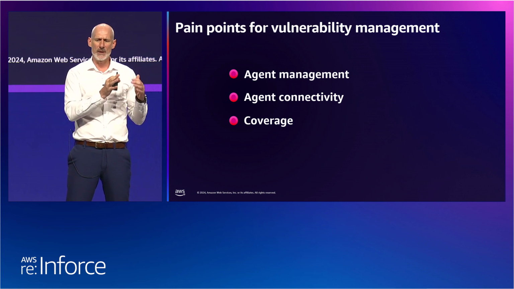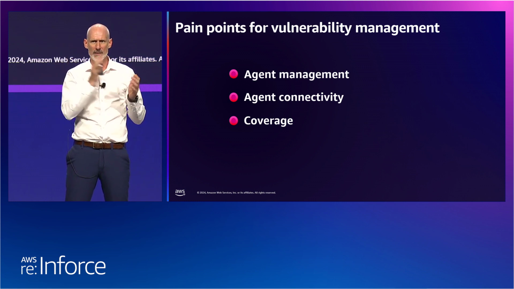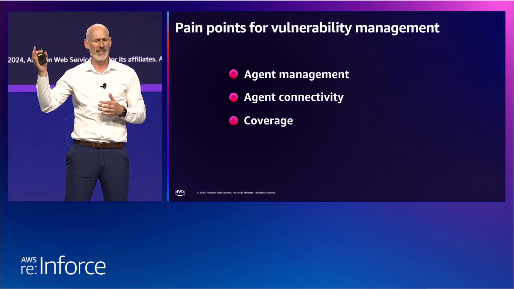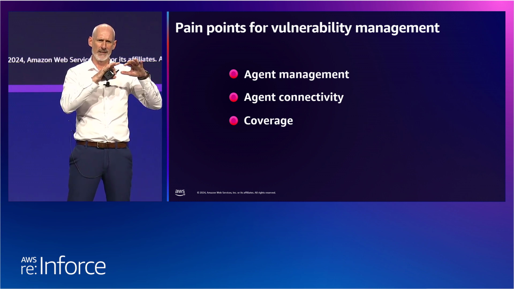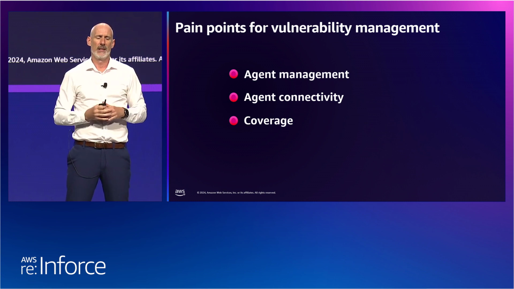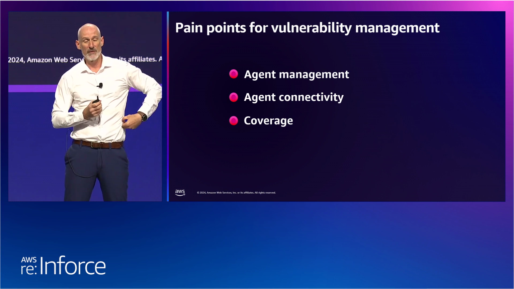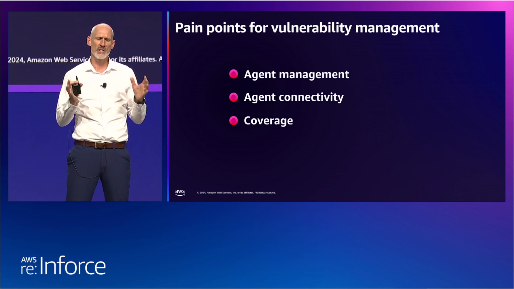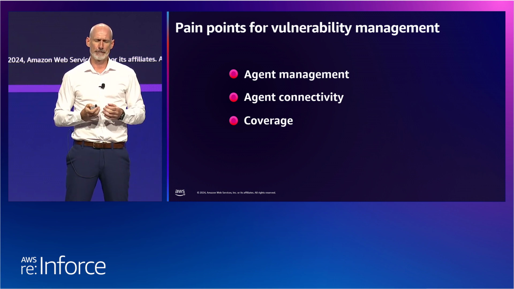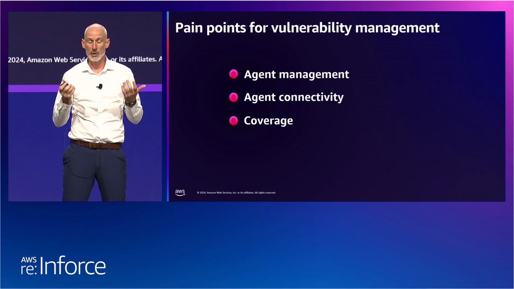The connectivity became a problem. We had to make sure we had connectivity from every agent out to the internet, and a lot of the time we were building private VPCs that we didn't want to have any of that in place. Having that over hundreds of accounts really was difficult. So in general, the coverage was becoming more and more difficult to achieve.